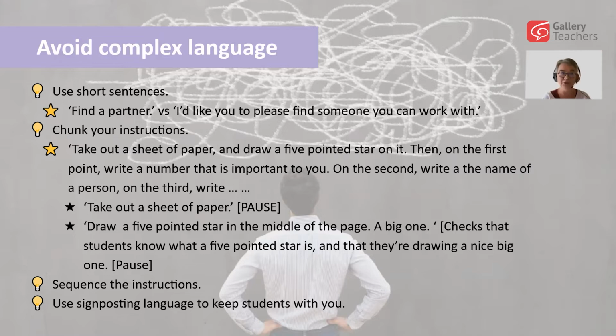So the teacher checks that the students know what a 5-pointed star is and that they're drawing a nice big one. And then when they've done, give them the next step of the instruction. On the first point, write a number that is important for you. And wait for them to finish that step before going on to the next step.